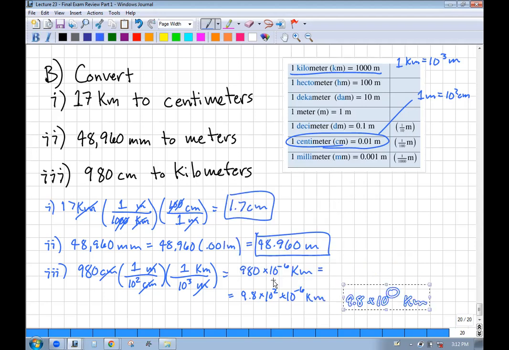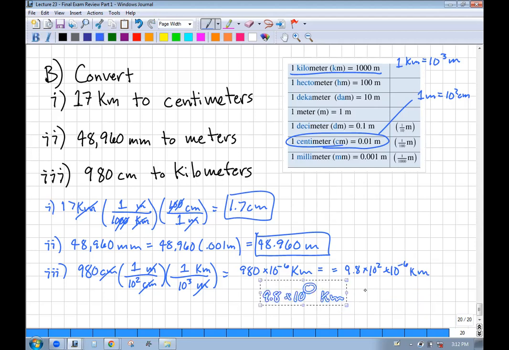So this is the step that I would put in here, because I want to turn this into scientific notation. Okay, so I look at that, and I replace it with this, and then I collect my tens. So 2 minus 6 would be a negative 4. So that's it in scientific notation.